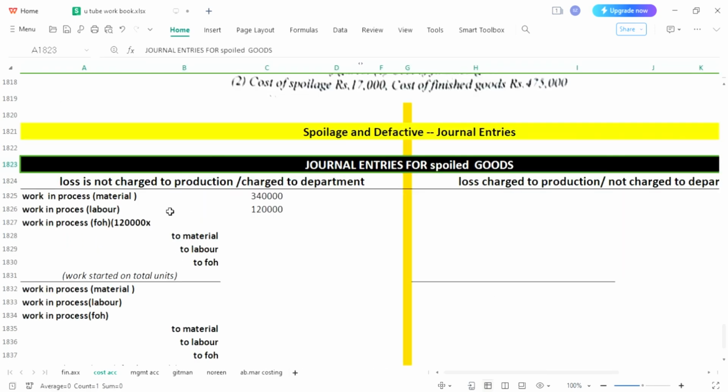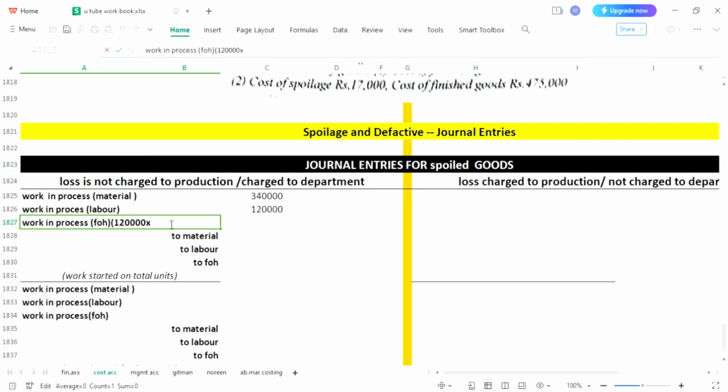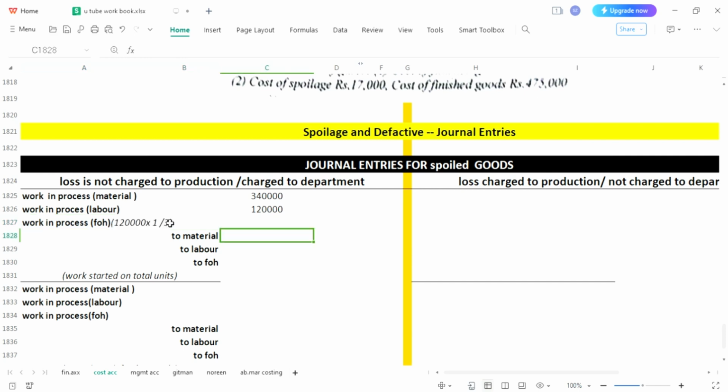So here you will take 1/3 of labor, multiplied by 1 and divided by 3. In this way you will be able to calculate your FH. I am just putting this calculation statement. It's time to calculate: 120,000 multiplied by 1 and divided by 3.